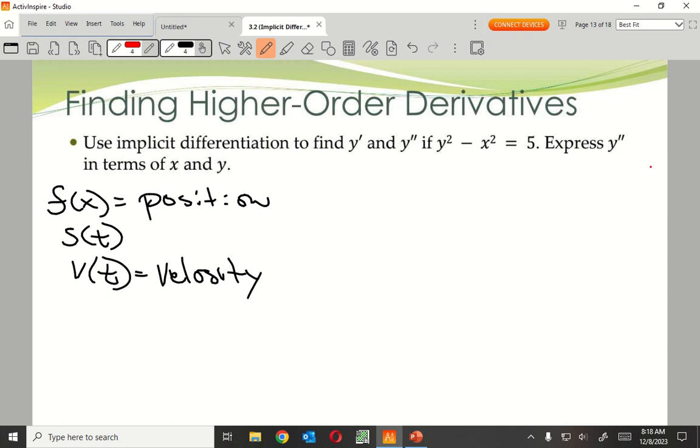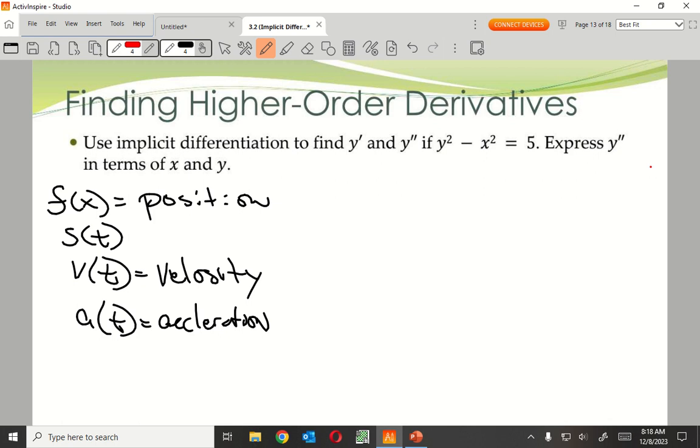And if I take the derivative of the derivative, I get the acceleration, a of t. There is a reason for doing this all the time, so this is what we do using physics on all of these.